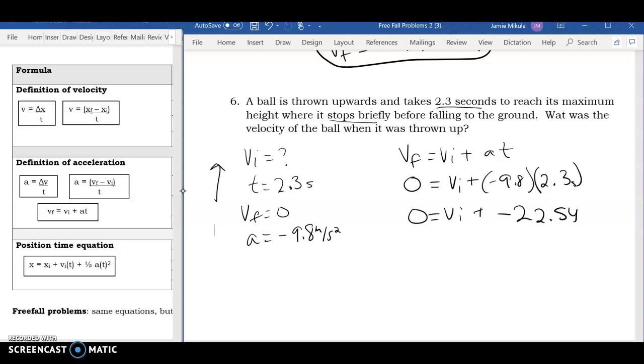Bring everything else down. So because you're adding, you're going to bring this over here to get 22.54 meters per second. All right, there you go.